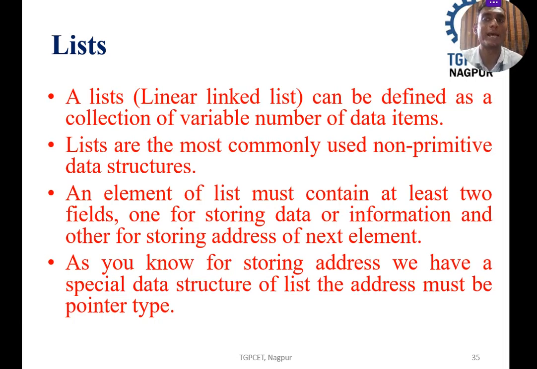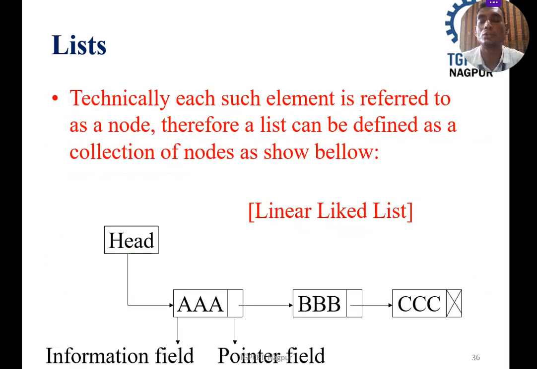The first is considered a list. A list is also a collection, but here it is a collection of a variable number of elements. The elements in the list generally have two fields, one for storing the information and another for storing the address of the next element. In graphical form, it looks like this.